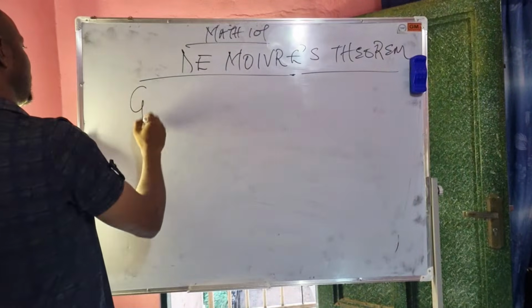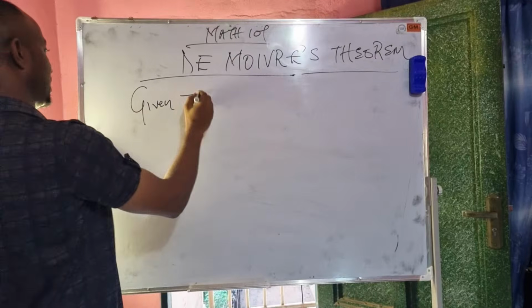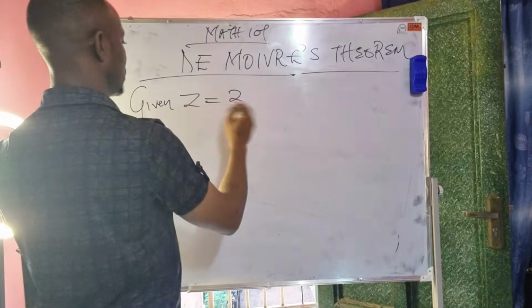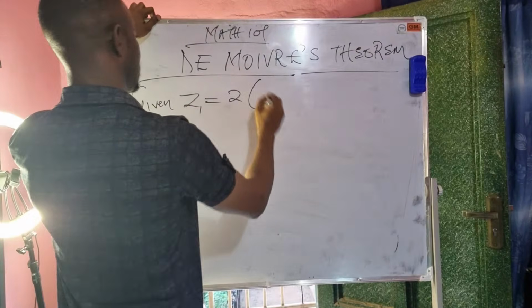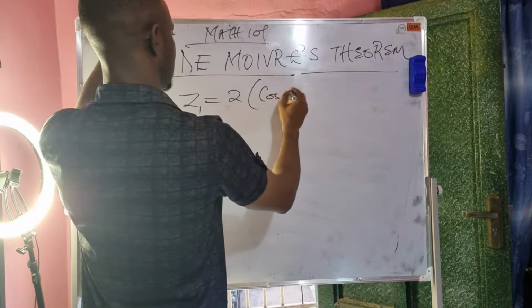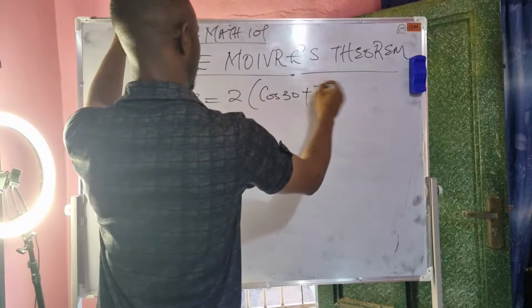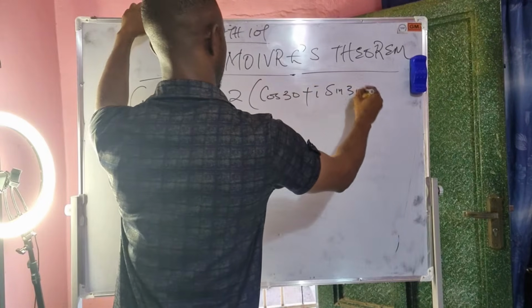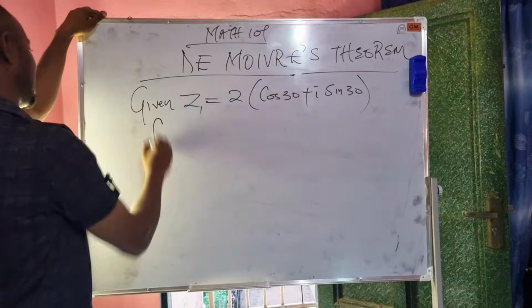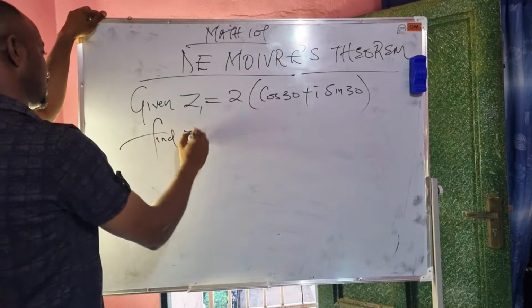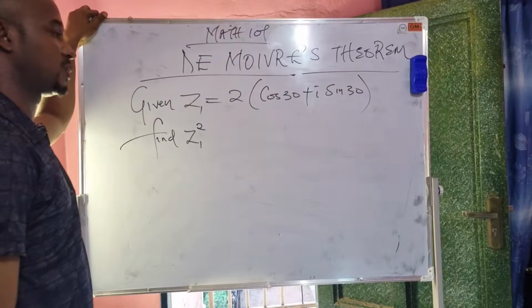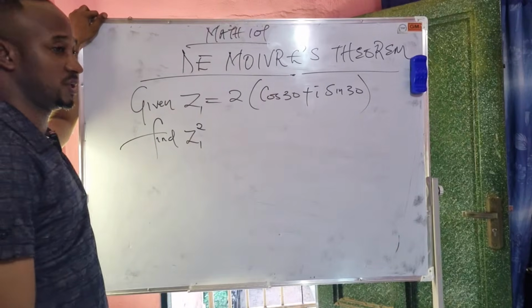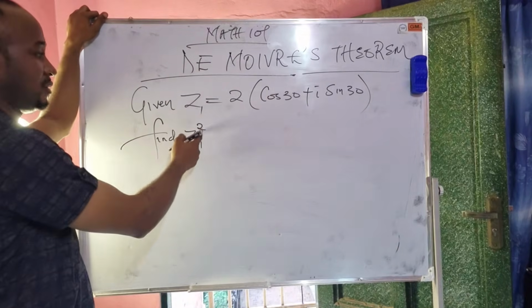If we are given z1 equals 2 (cos 30 + i sin 30), and we have to find z1 raised to 2, the only way to solve this is to apply De Moivre's theorem, because we are given a power of n.